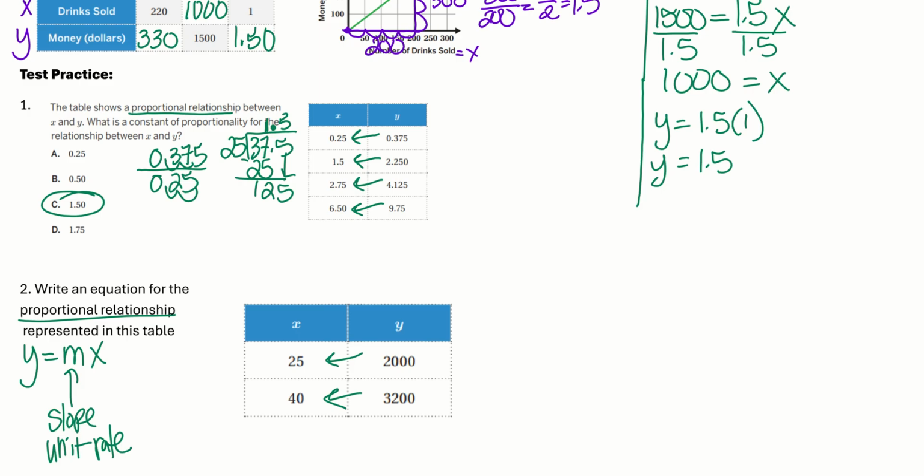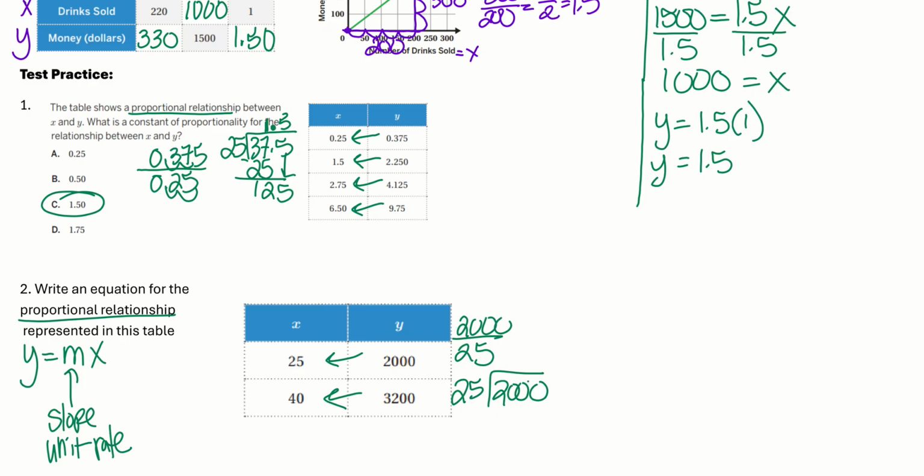So I'm going to just take the first one. I'll do 2,000 over 25, which means I'm going to divide 25 into 2,000. So 25 can't go into 2. 25 can't go into 20. 25 goes into $2. I'm right here.